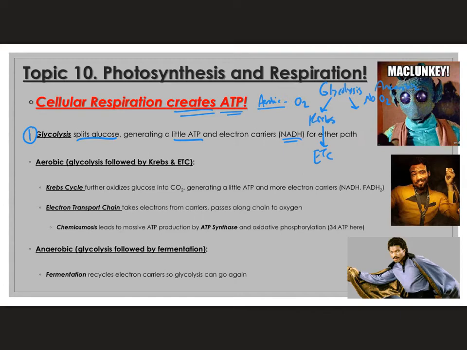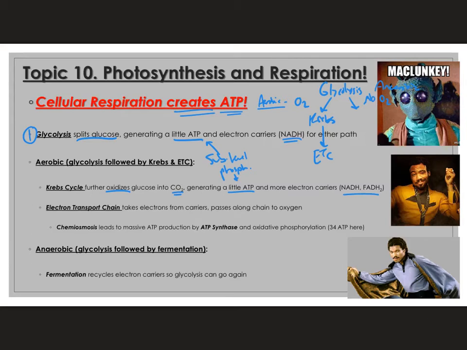Remember, at the Krebs cycle, we're going to totally get rid of our sugar. We're going to fully oxidize the glucose into carbon dioxide gas. Also make a little bit of ATP. Again, there's that substrate level phosphorylation, and we're going to make more of these electron carriers.